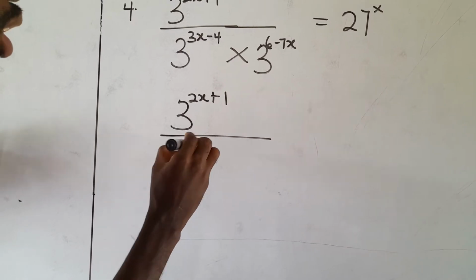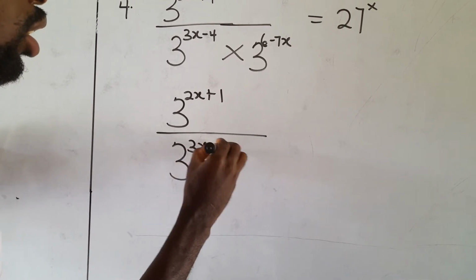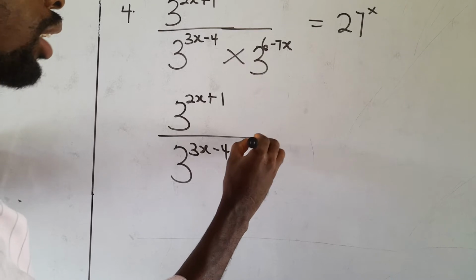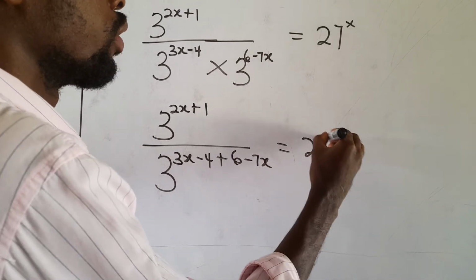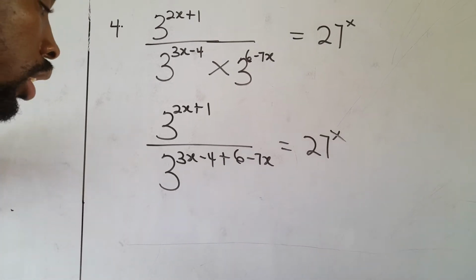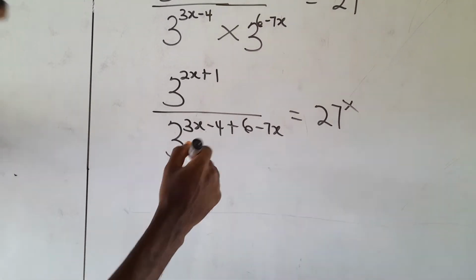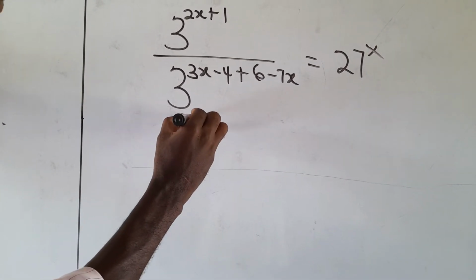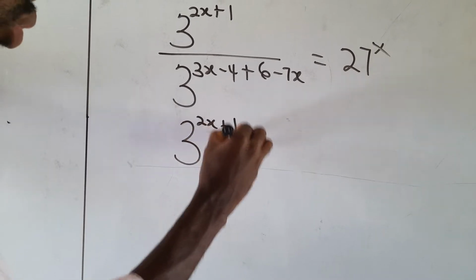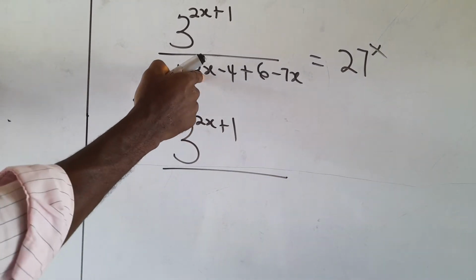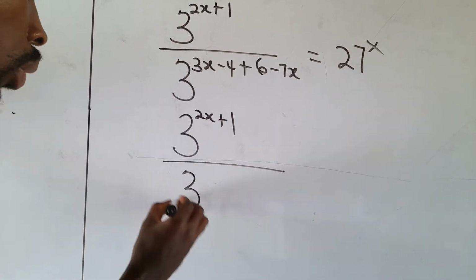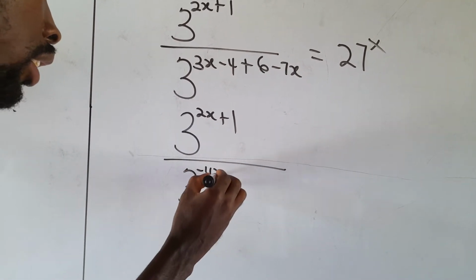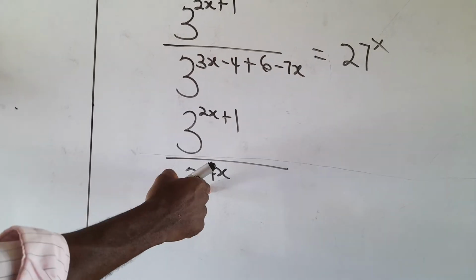So 3 exponent 3x minus 4 plus 6 minus 7x will be equal to 27 exponent x. So we can simplify this. We have 3 exponent 2x plus 1 all over 3x minus 7x. So that will be 3 exponent negative 4x, because 3x minus 7x will be negative 4x.